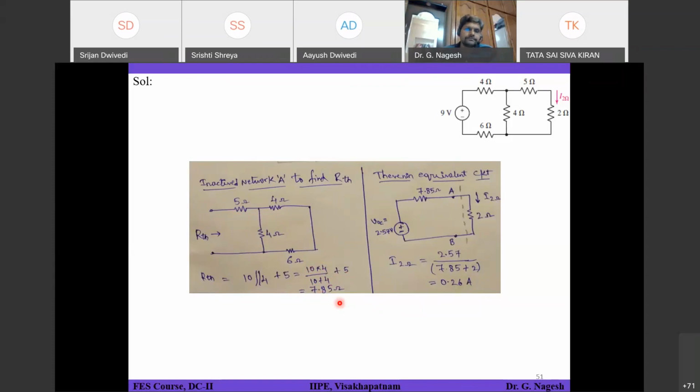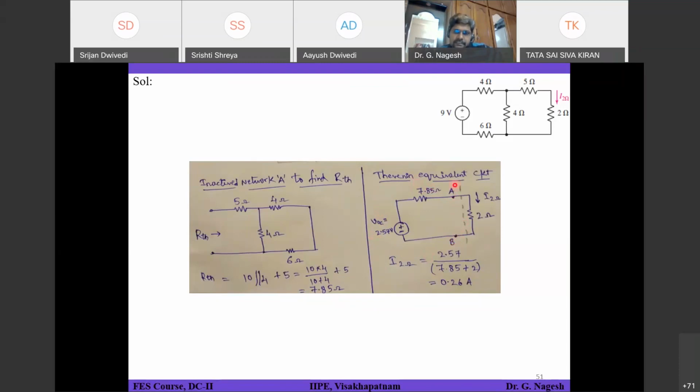Now you have got VOC or VTH, and you have got RTH also. Now connect them back in this fashion. VTH, which is 2.75 volts, in series with 7.85 ohms, which is called RTH. The circuit to the left of A and B in the last figure is called the Thevenin equivalent circuit.